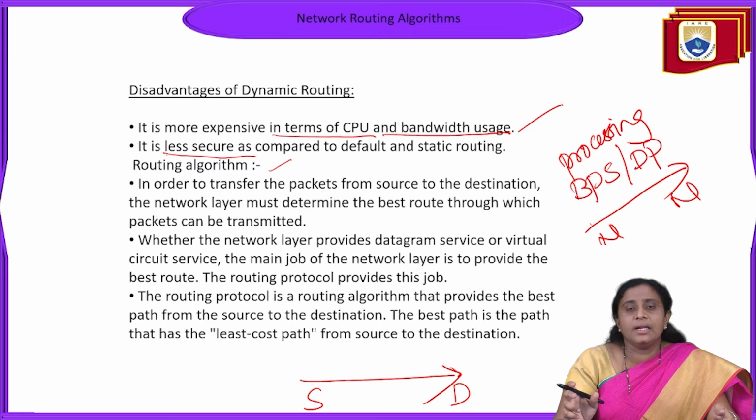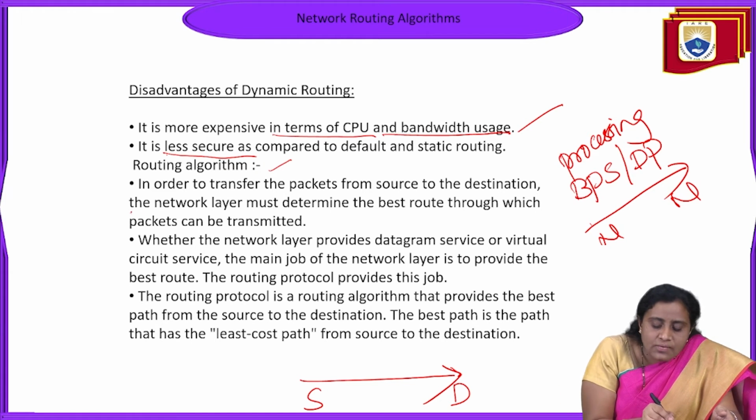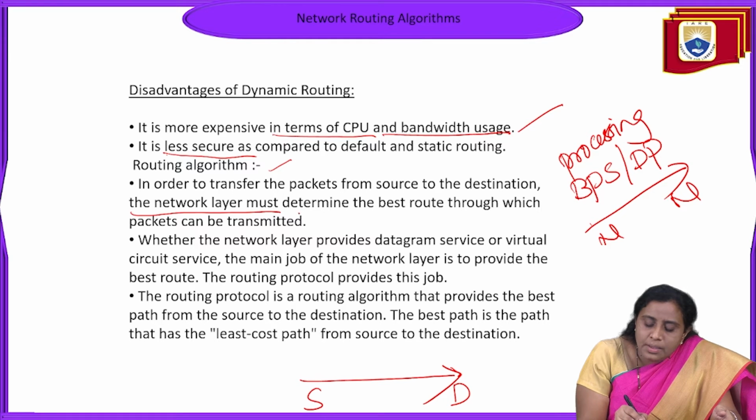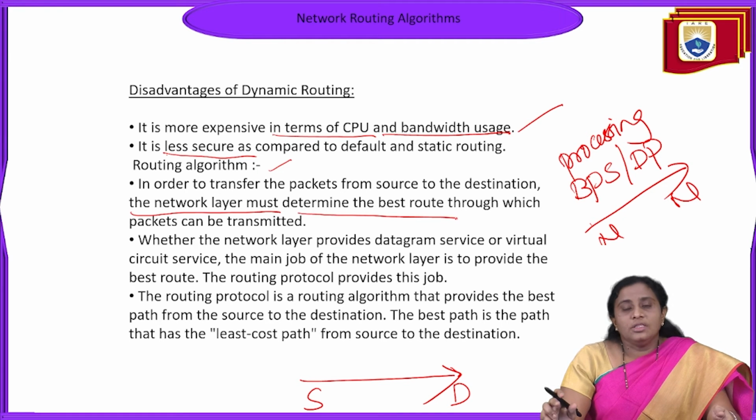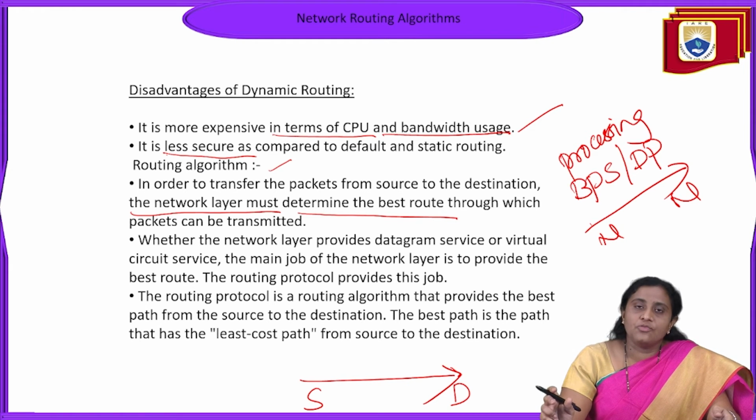This is the first and foremost primary application of the network layer. The network layer is always meant to determine the best path or the best route on which the packets reach their destination, from one sender to another receiver.